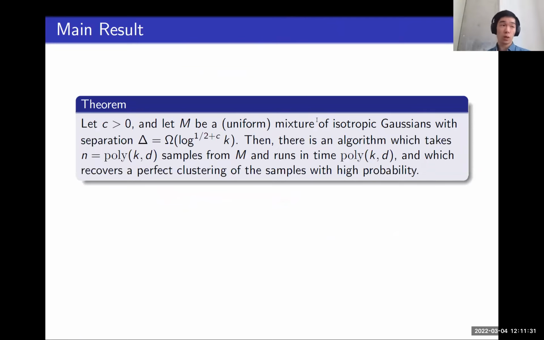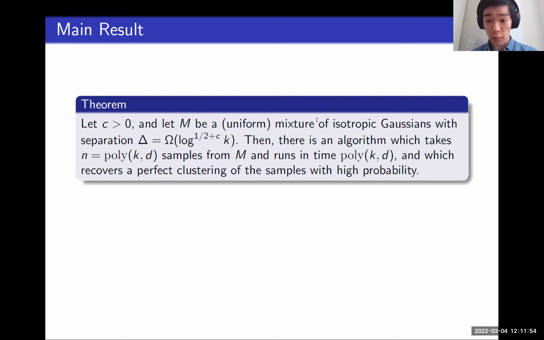Let's take a moment to parse this. M is a mixture of k Gaussians, and we assume the separation is log to the 1/2 plus c of k, where c is any positive constant. What we prove is that there is an algorithm which takes polynomial in k and d samples, runs in polynomial time, and recovers a perfect clustering with high probability.